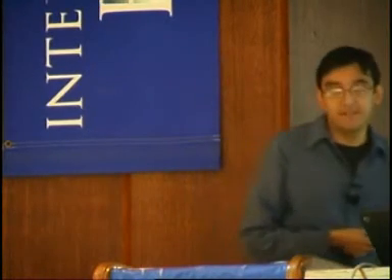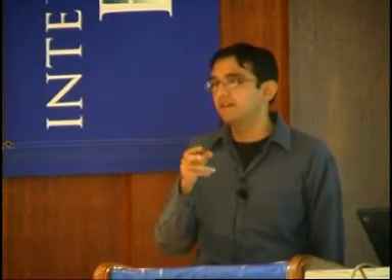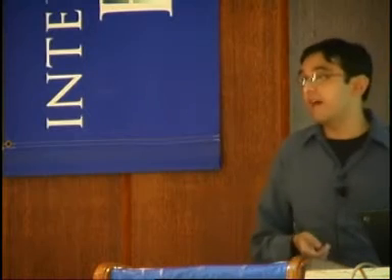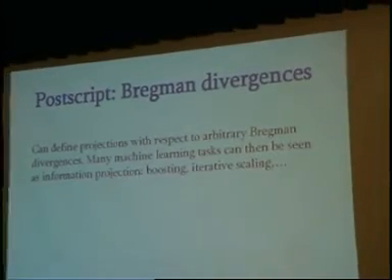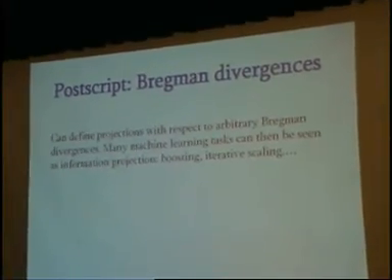This would be really cool because then you might be able to describe a whole lot of machine learning in this sort of meta language of I-projections, these very simple projections, and thereby prove results in great generality. Talking about the convergence of a method, instead of proving it just for, say, k-means, you could prove it for a huge family of clustering algorithms that work not just with Euclidean distance, which is k-means, but any other Bregman divergence. But this is very much an unexplored area.